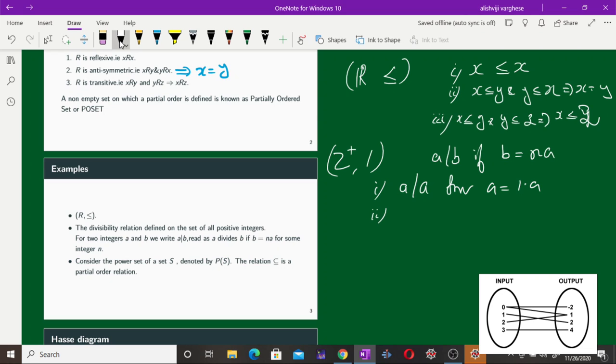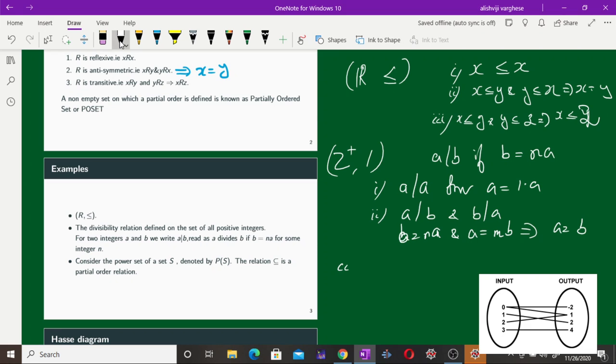And second one, if a divides b and b divides a, that is b is equal to some n times a, and a is equal to some m times b, and this happens only when a is equal to b.